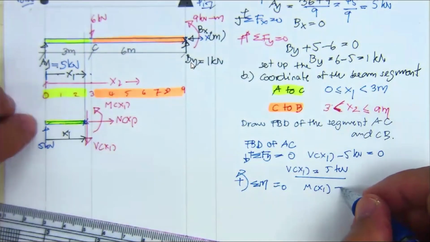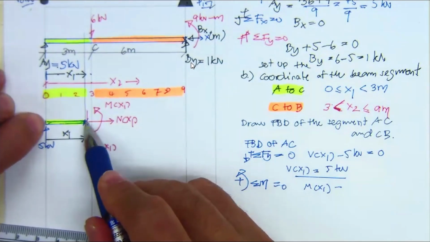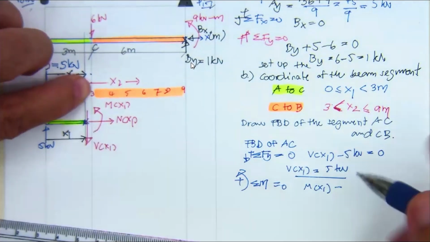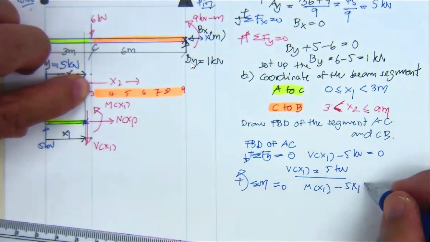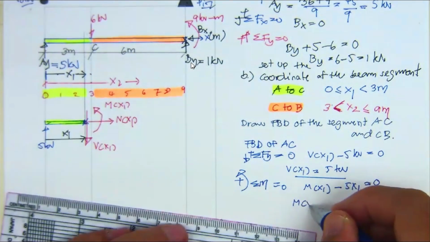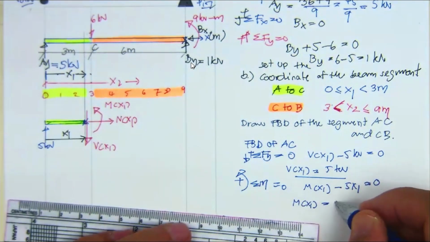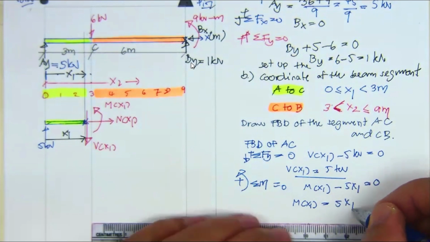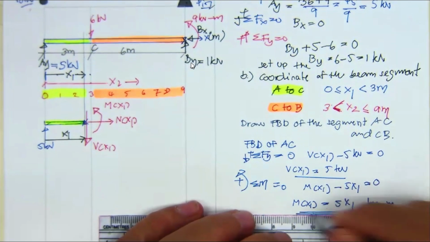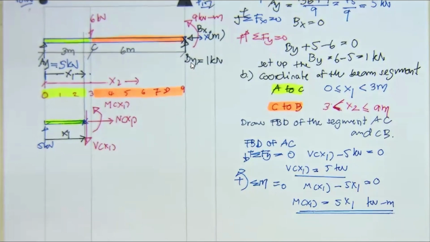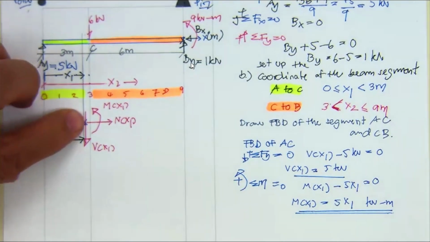The 5 kilonewton has x1 as moving arm, rotating in the opposite direction, so minus 5 x1, equal to 0. So M sub x1 is 5 x1, in kilonewton meters. This is the equation for the first portion.